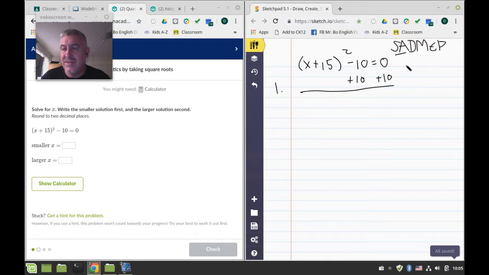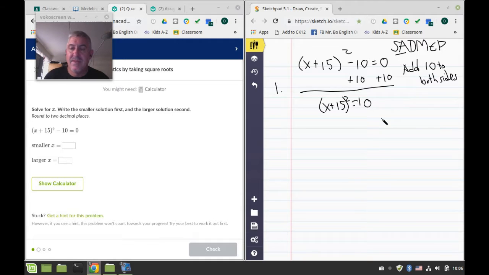Step 1, and step 1 is add 10 to both sides. Okay, so let's see. Now I've got x plus 15 squared is equal to 10.